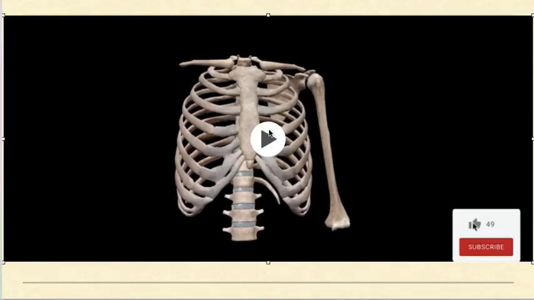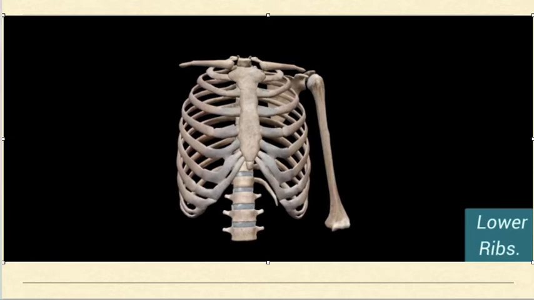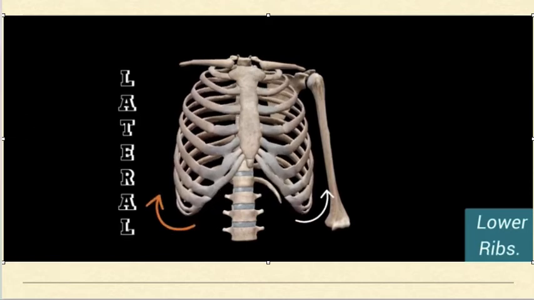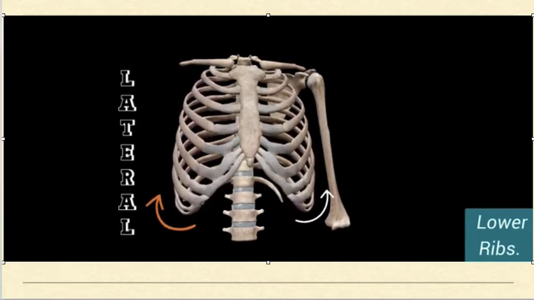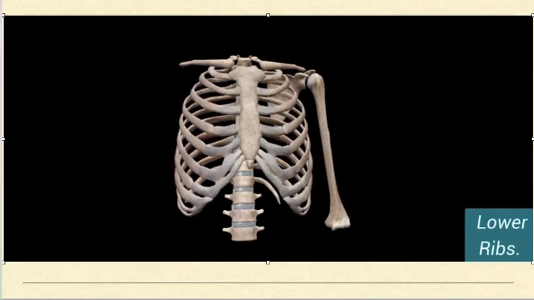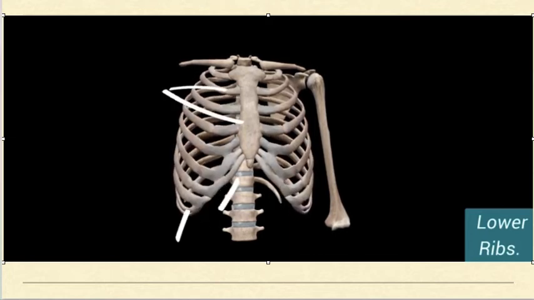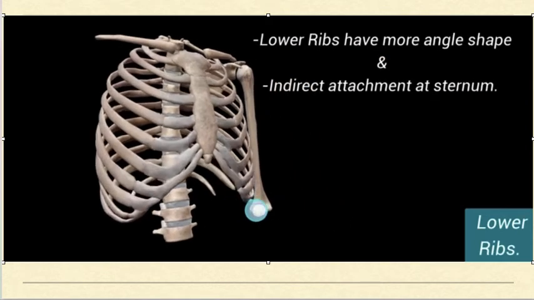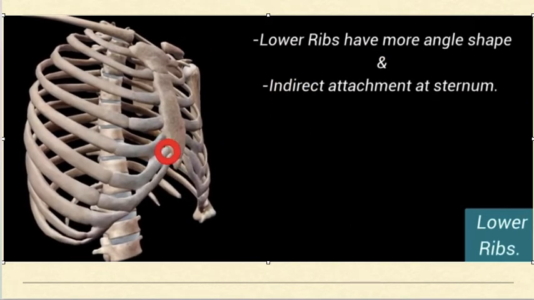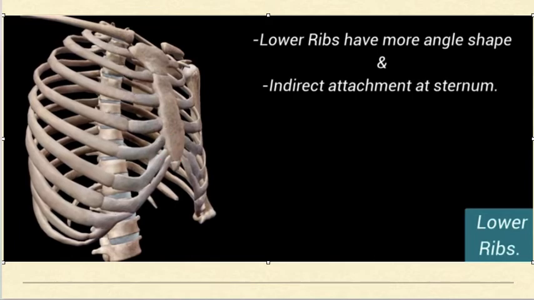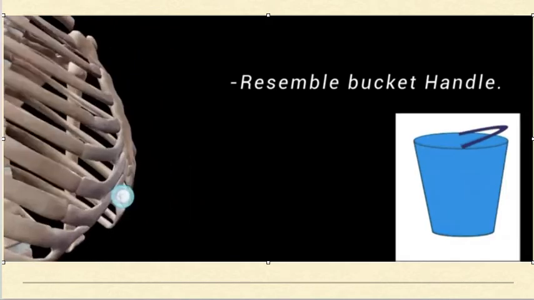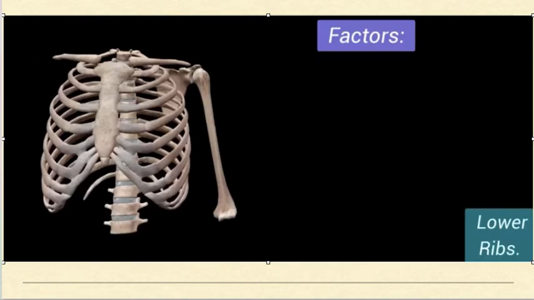Just have a look at this. We have the lower ribs over here and they are moving out laterally. Observe the movement of the lower rib. You can see they are moving outwards. They have a more angular shape with an indirect attachment to the sternum, resembling a bucket handle.